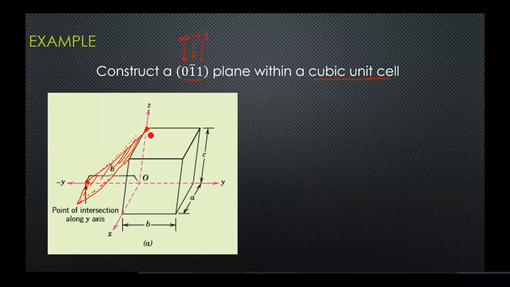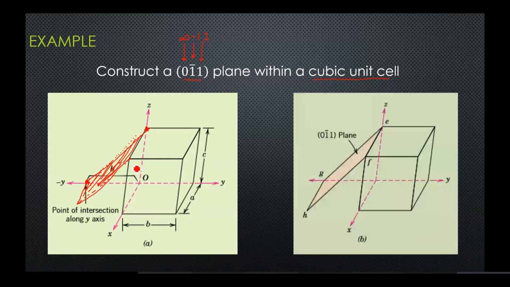This plane would not be crossing the x-axis. To have a better view, this is your plane, cutting the y-axis at -1, cutting the z-axis at 1, and being parallel to the x-axis. All right? Yes, sir. All right, great.